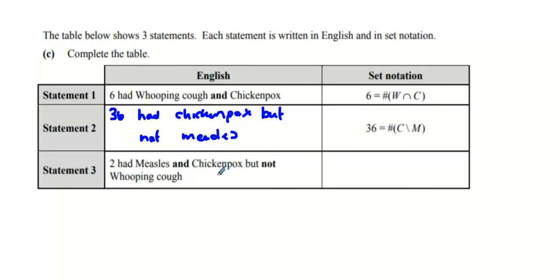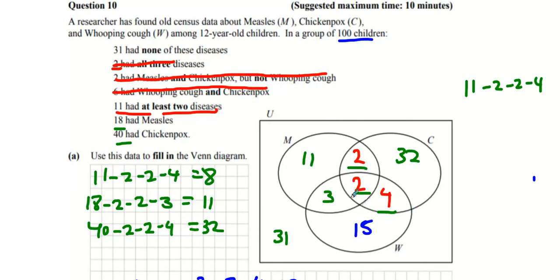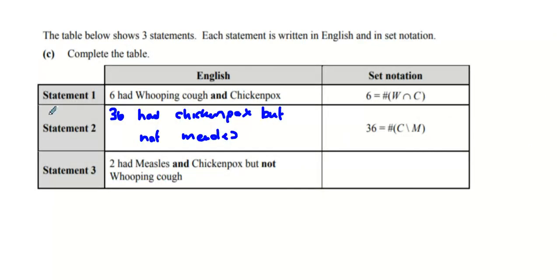Two had measles and chickenpox but not whooping cough. So it's the intersection, but we want to exclude the W part. So it's going to be M intersection C but exclude W. And it's also cardinal number as well, so we've got to remember that.